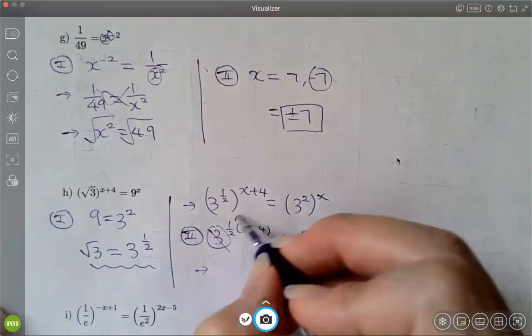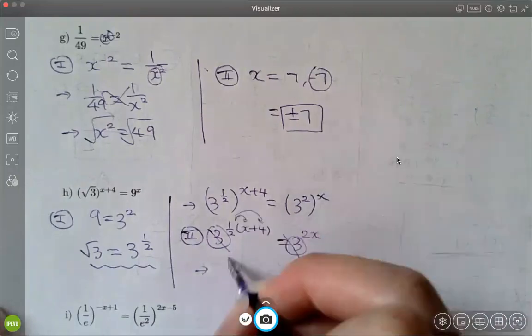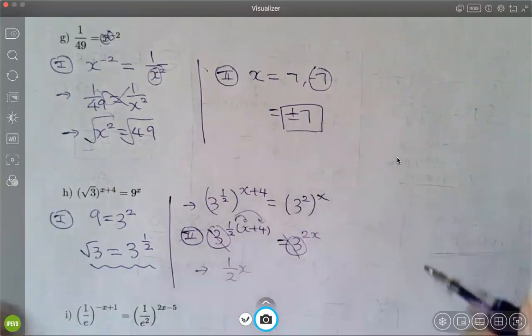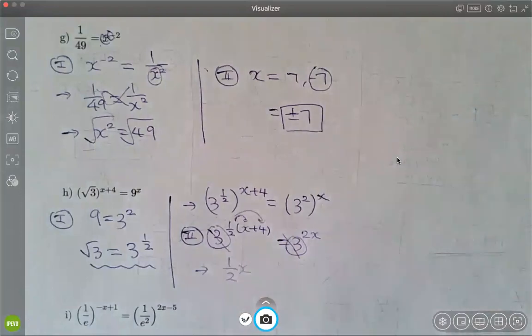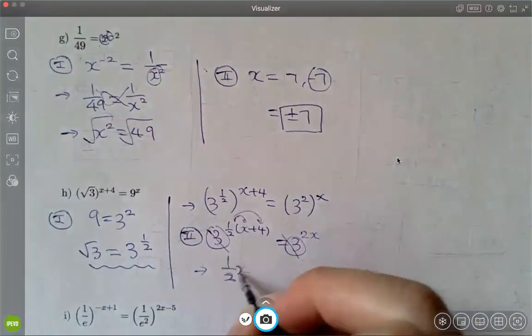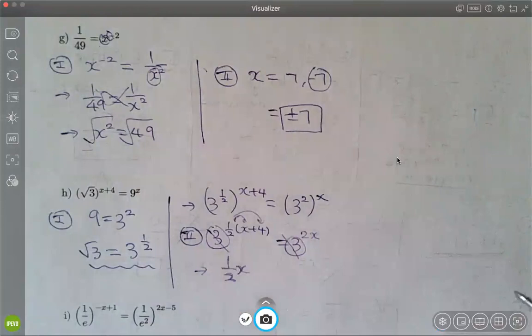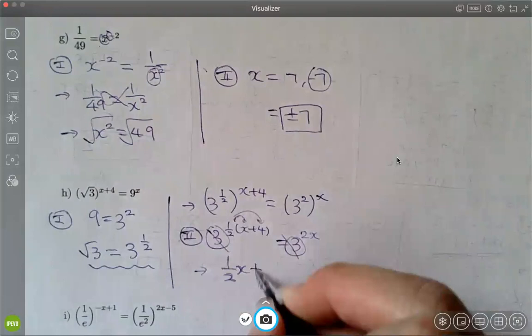So what do you get? 1/2 x, and then 1/2 times 4. What's that equal to? 2, right? So plus 2 is equal to 2x, right?